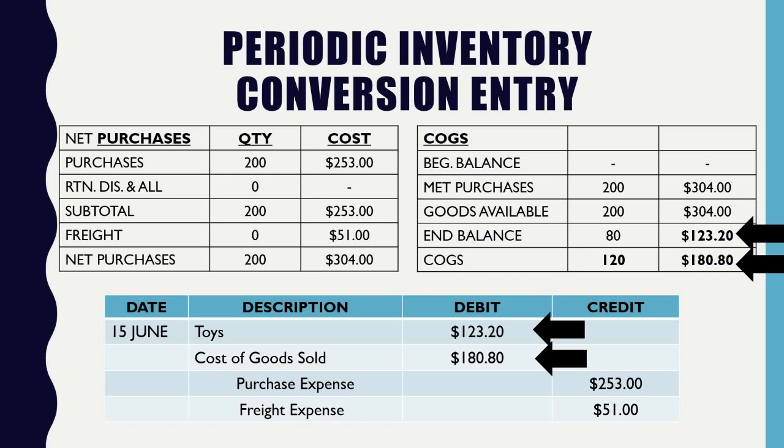Any questions here? So this is basically once we finish our worksheet, we have calculated all the numbers we need to piece it together in our conversion entry. Any questions?